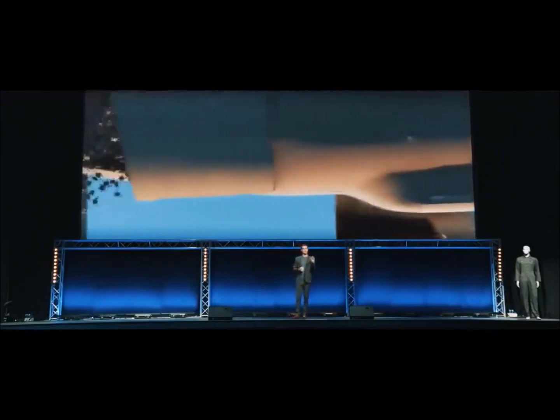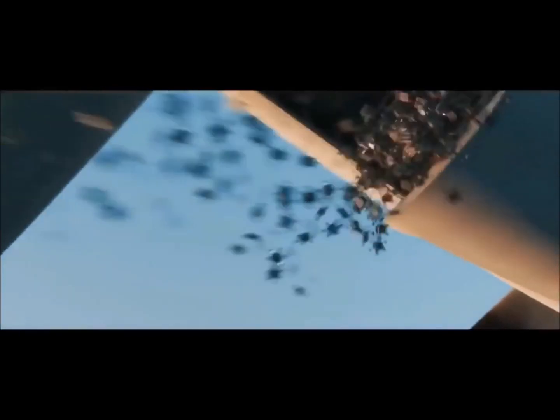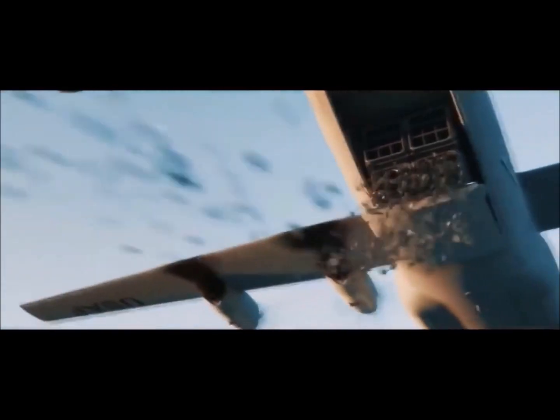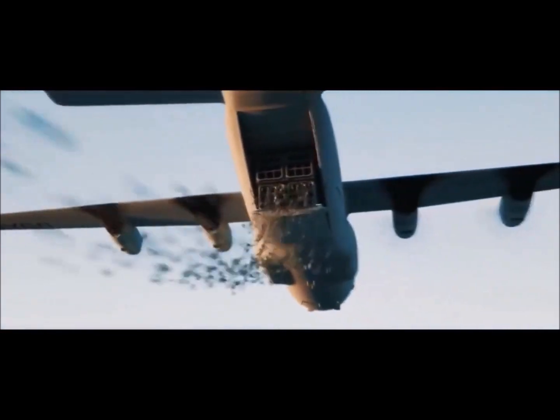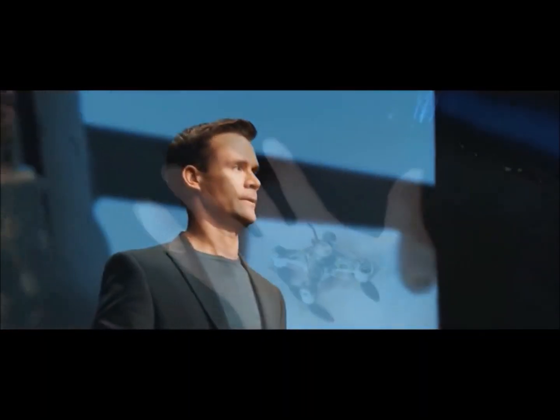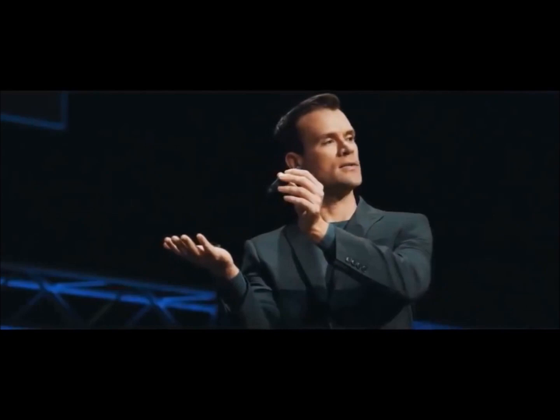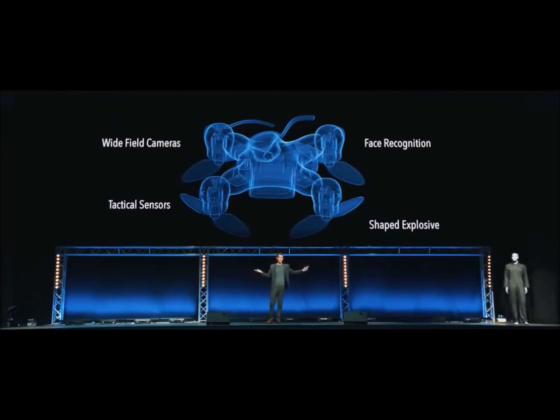A $25 million order now buys this. Enough to kill half a city. The bad half. Inside here is 3 grams of shaped explosive. Is how it works.